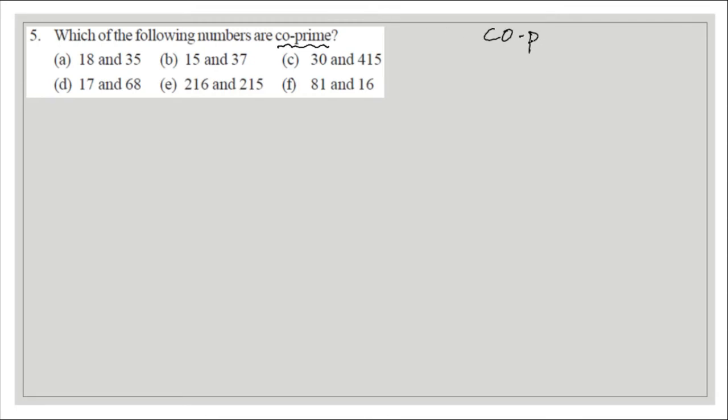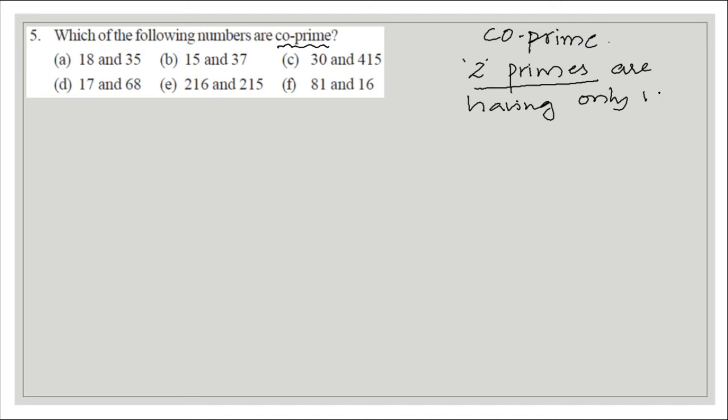Coprime refers to numbers, say two numbers, that have only one common factor, that is, the common factor must be equal to 1. If the common factor of two numbers is equal to 1, then we say that they are coprime.